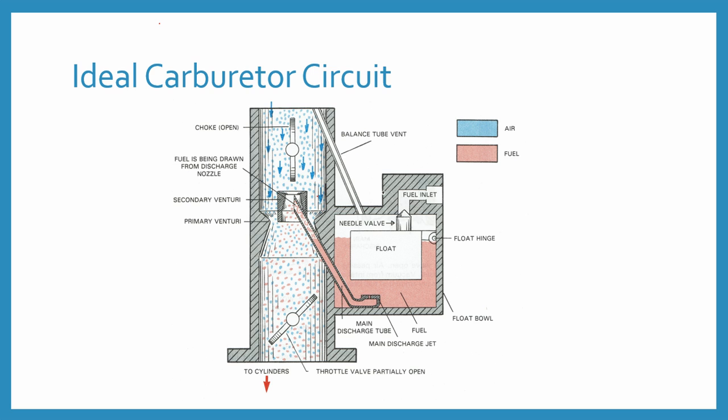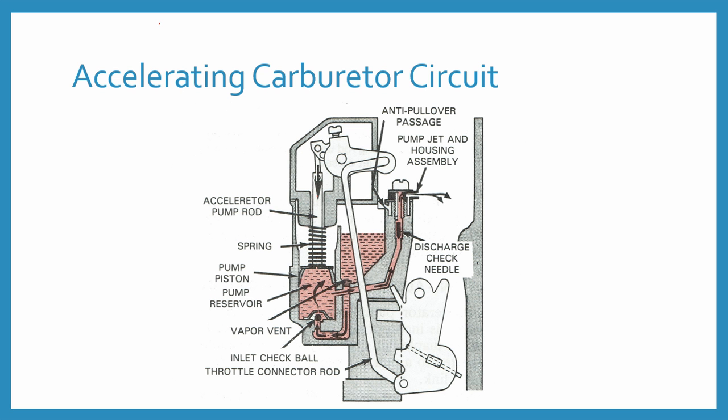Now coming to the next slide, here we discuss another kind of carburetor circuit, which is known as the accelerating carburetor circuit. This accelerating circuit basically provides a rich mixture, that means extra fuel is provided for acceleration.